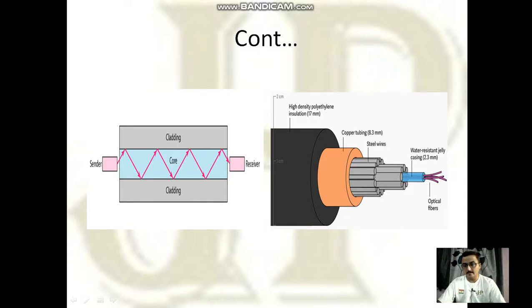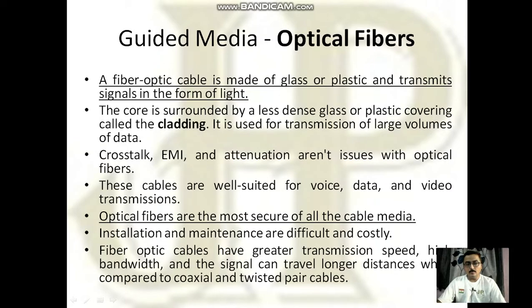Here you can see these are the optical fibers for high speed transmission, surrounded by the water resistant jelly casing, and after that steel wires, copper tubing and high density polythene insulation are available to support this.